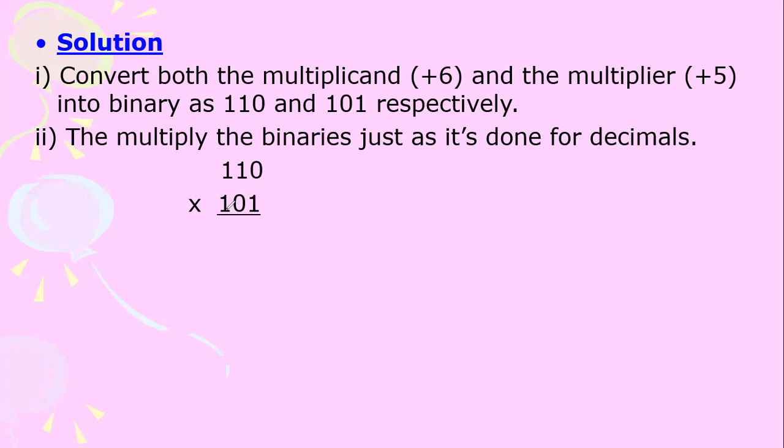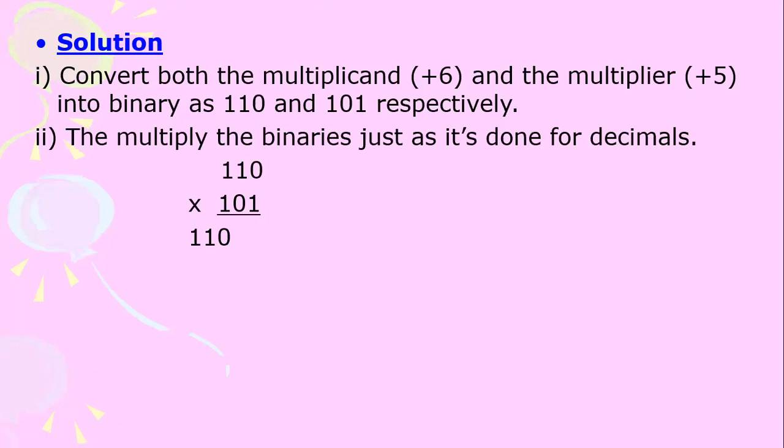That is, multiply 1 times 0, 1 times 1, 1 times 1, as you note down the values. Then move on to the next level, 0 times 0, 0 times 1, 0 times 1, as you write down the values. Then multiply 1 times 0, then 1 times 1, 1 times 1. Just as in normal multiplication.